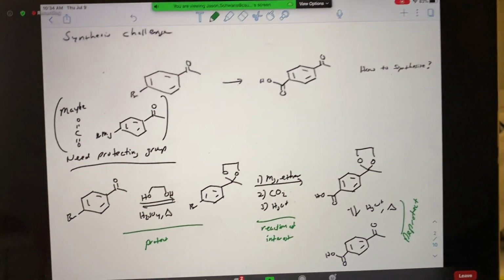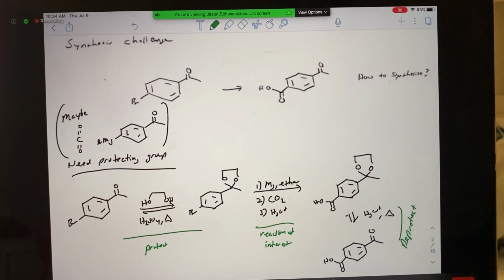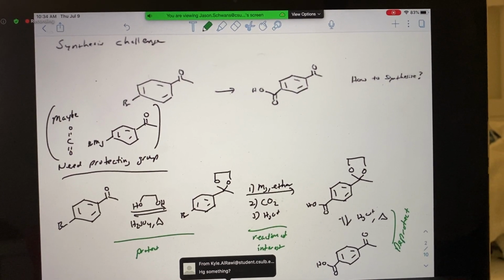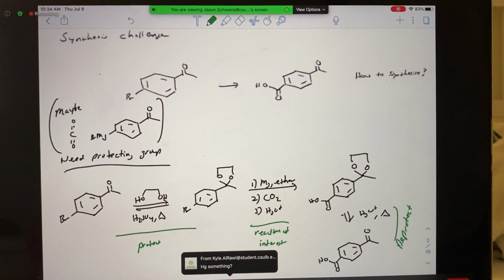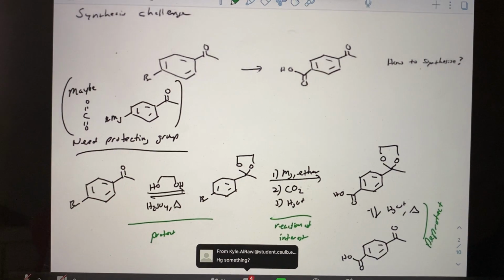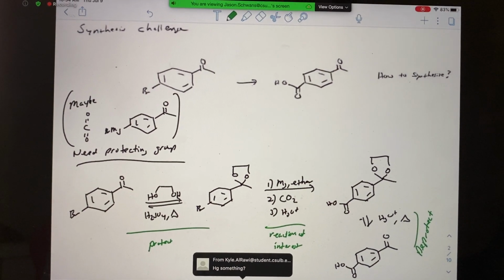So that adds another tool for our toolbox, is that we have now protecting groups for alcohols with the silyl groups. Now we have a protecting group for a carbonyl group, such as an aldehyde or a ketone most commonly used, and that's the acetal. Doesn't have to be the cyclic acetal, but that's one that's commonly used.